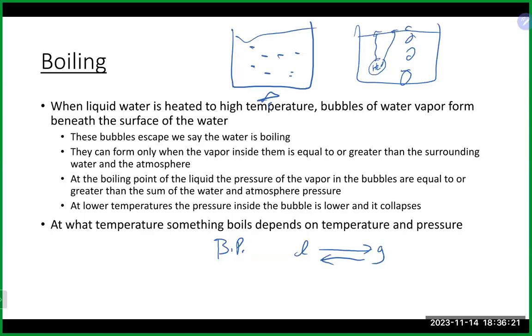Once again, both of these transitions occur at the same temperature. So at 100 degrees Celsius, you have both phases happening at the same time. You have some liquid water, you have some gas. It's not until you get above 100 degrees Celsius that you fully transition, in the case of water, into the gas phase. It's not until you're a little below 100 degrees Celsius that you really transition into the liquid phase. So right at 100 degrees Celsius, you have both things occurring.